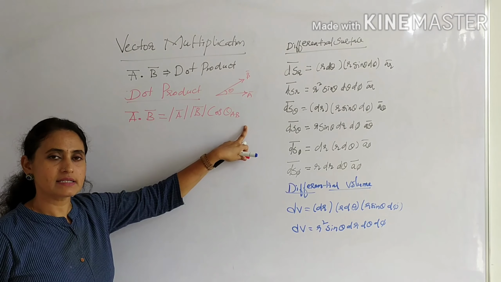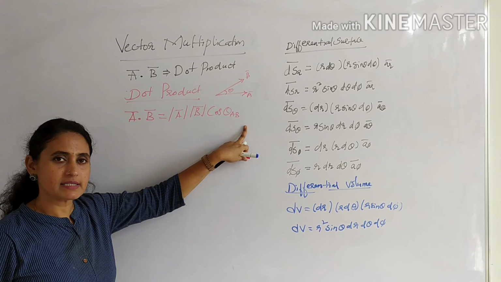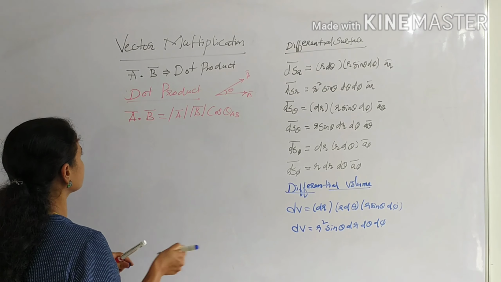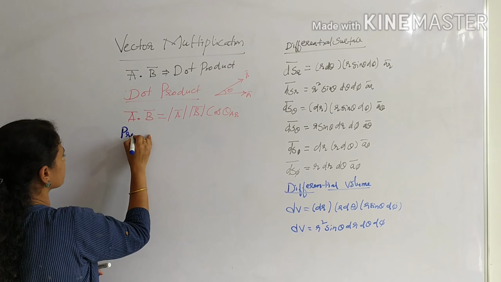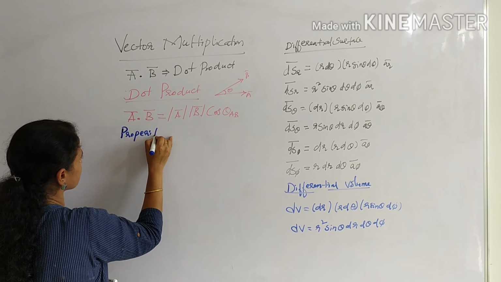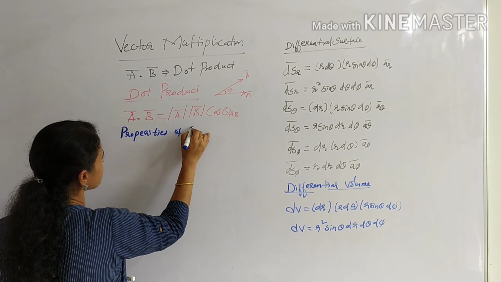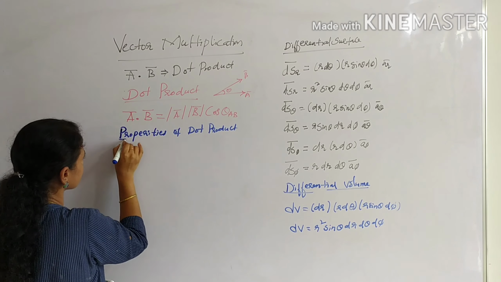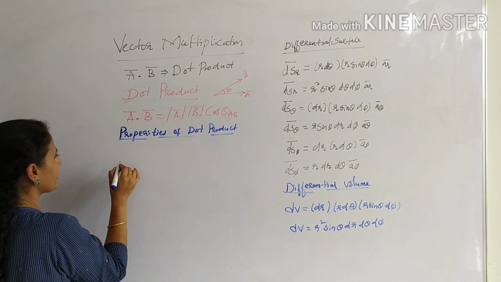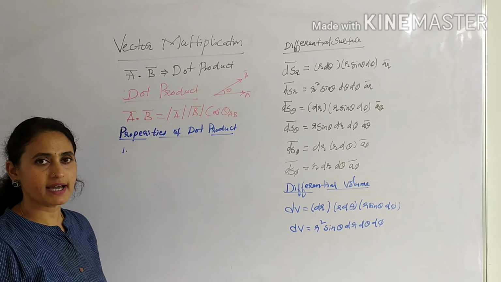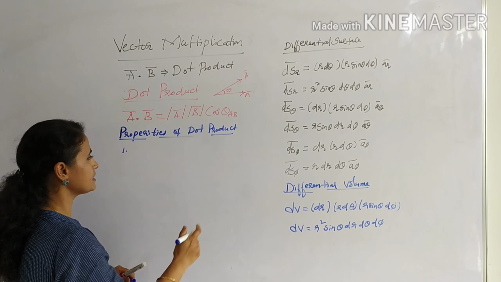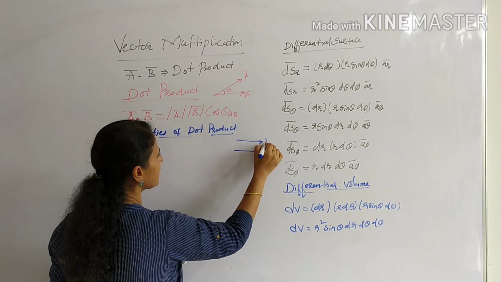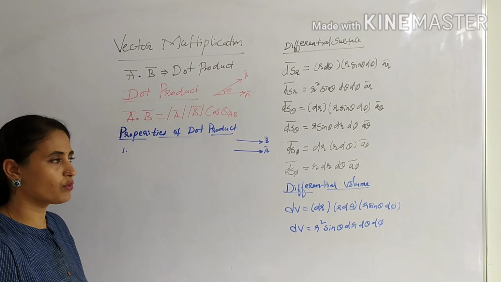Now let us discuss the properties of the dot product. The first property: if the two vectors a bar and b bar are parallel to each other, what is the dot product?